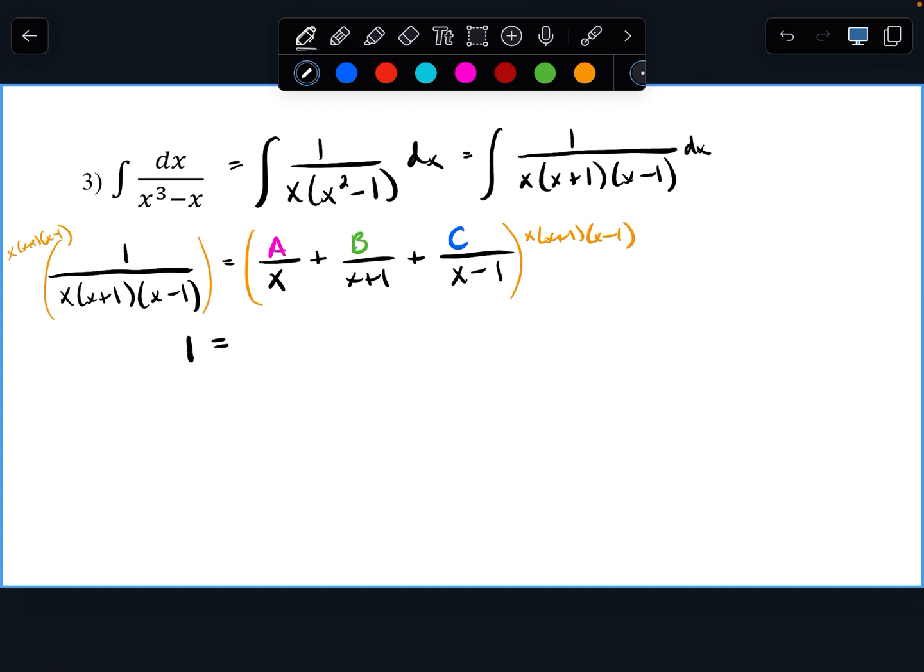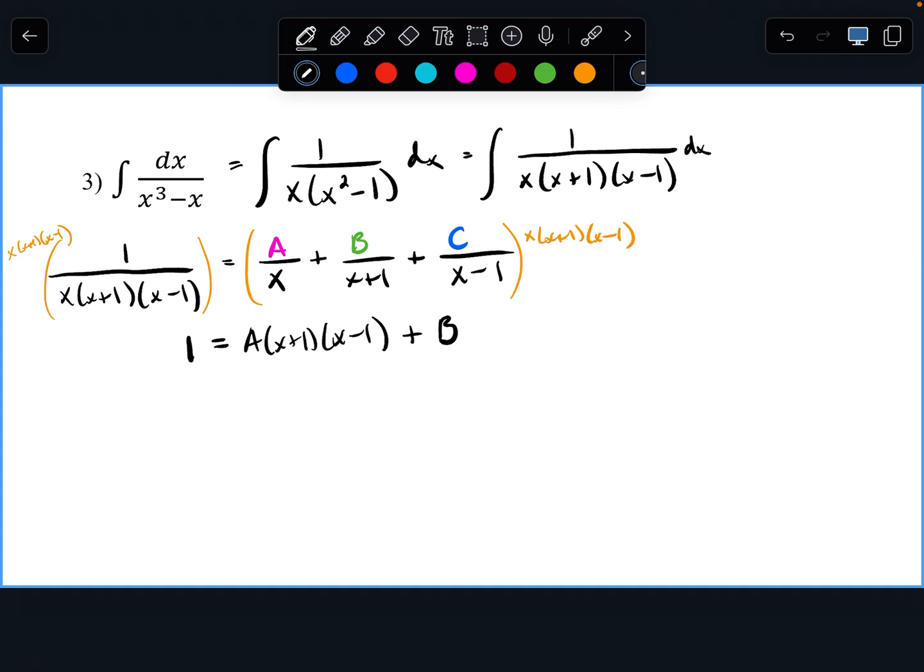Now, if you think about it, if you were to distribute this, the only thing that would cancel out are the x's. So next to A is all that, the x plus 1, x minus 1. And then same with b. If you're going to distribute it, the only thing that would cancel out is the x plus 1.